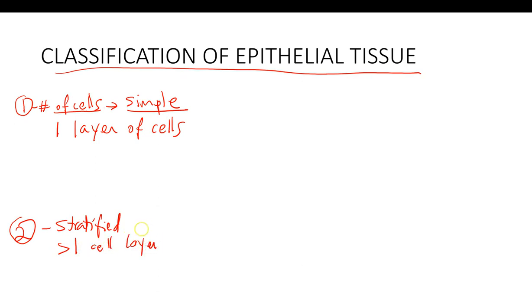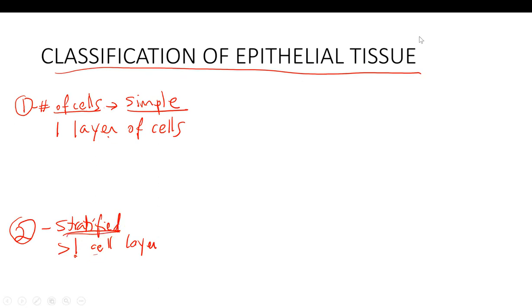So those will be the very first basis for classification of epithelial tissue, the number of cell layers. One cell layer is called simple, multiple cell layers, more than one, is called stratified.